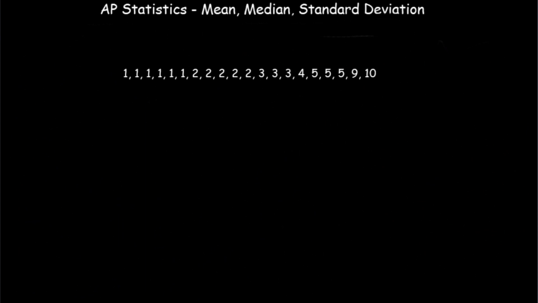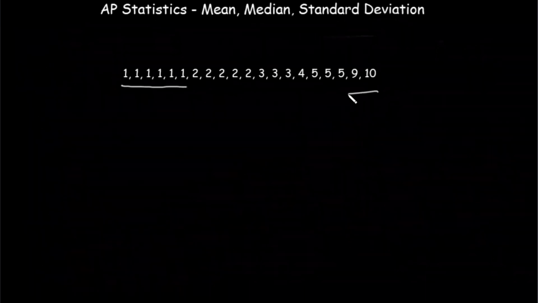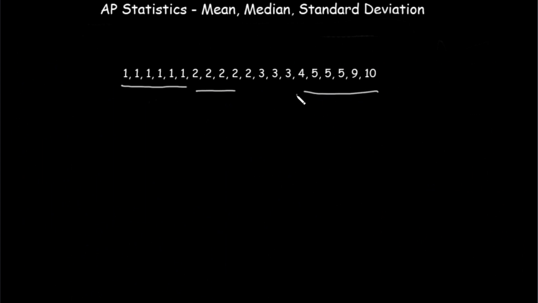All you have to do here is find the number that is smack in the middle of this distribution. So let's just go 1, 2, 3, 4, 5, 6. 1, 2, 3, 4, 5, 6. 1, 2, 3, 4. 1, 2, 3, 4. And you end up with both of these twos.